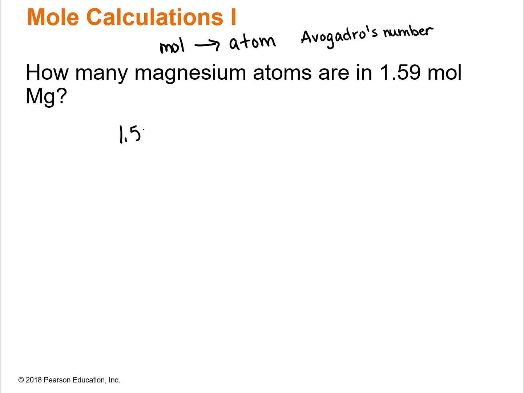We have 1.59 moles of magnesium. We want to write a unit factor using Avogadro's number. Where do I put Avogadro's number? And this is kind of to help jog your memory for chapter 2.